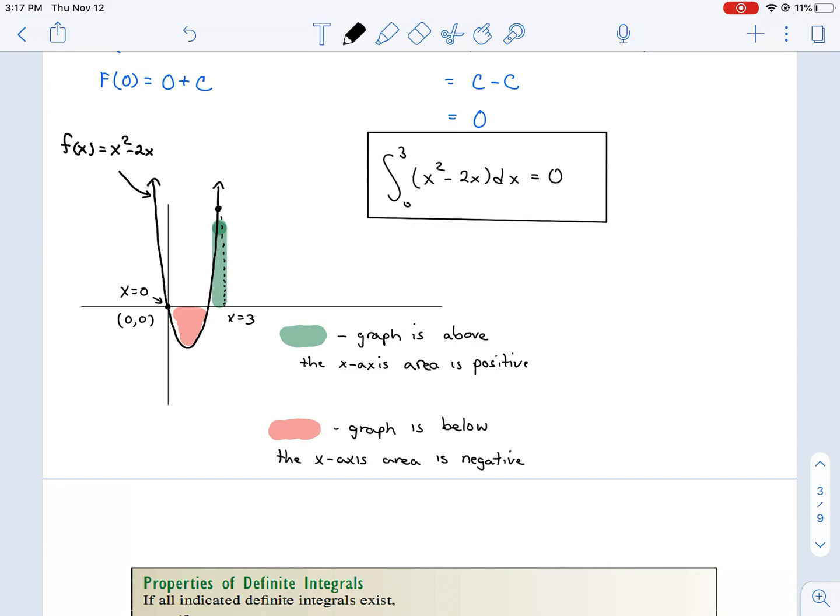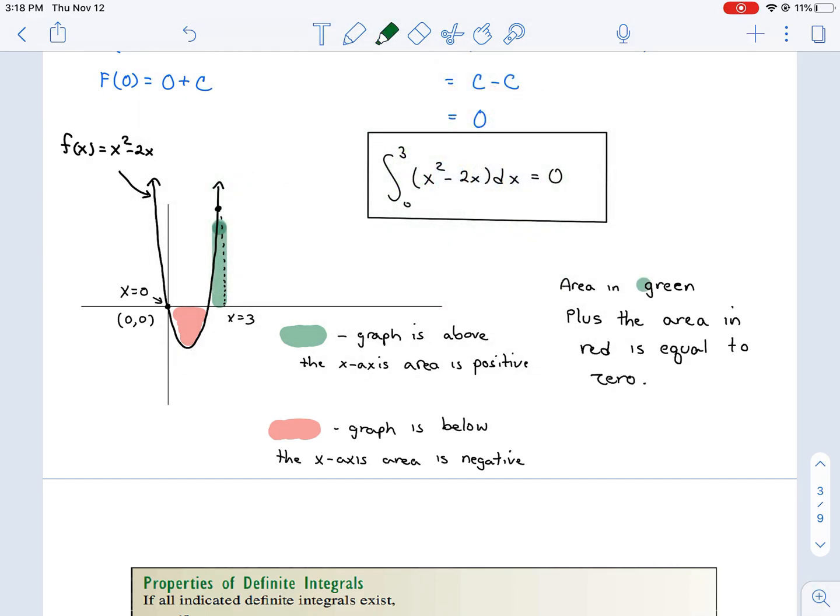All right, so what does the 0 represent? Well, if we were to take the area in green plus the area in red, it is equal to 0.